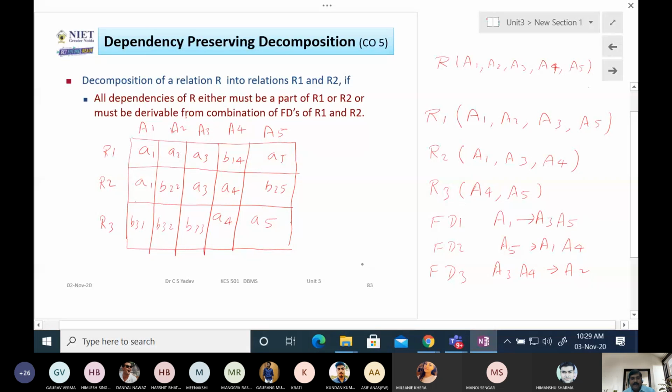Now apply step 3 for each FD. Did you get it? Himanshu? Yes, sir. So now tell me whether it is lossless or lossy.